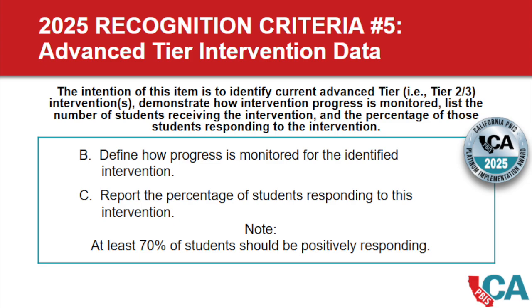Define how progress is monitored for these interventions, including which data are used to track progress. Report the number of students that have participated in this intervention. And finally, verify that at least 70% of participating students have responded positively to the identified intervention.